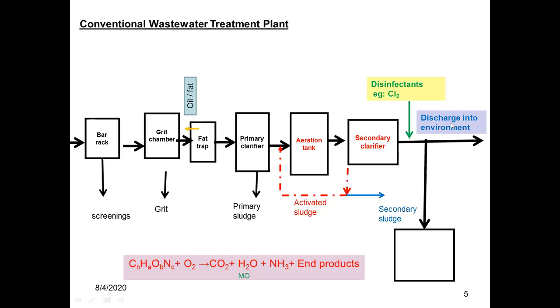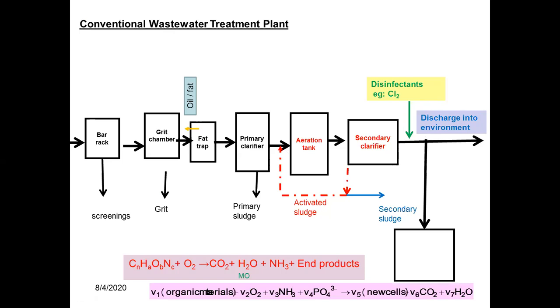Before discharge into the environment, we have to add disinfectants, because there may be some pathogenic microorganisms and pathogenic constituents. When we add chlorine, these pathogenic microorganisms and constituents will be deactivated.